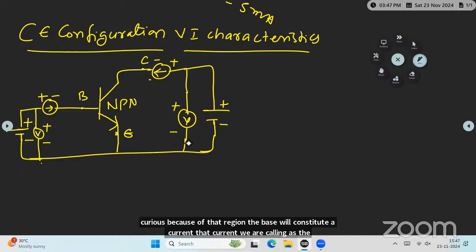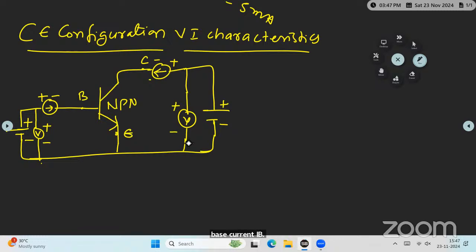And the remaining 95 to 98% of electrons cross the junction. That constitutes a current, called the collector current. So the total current is constituted by the charge carriers of the emitter only. That is, IE is equal to IC plus IB.